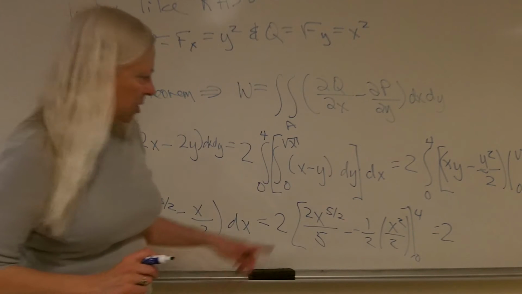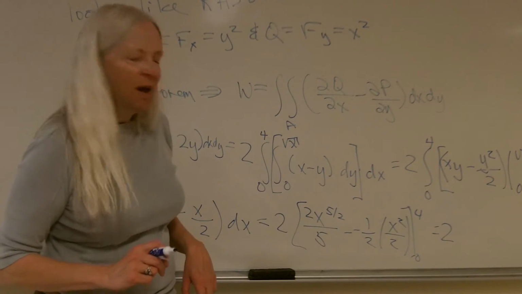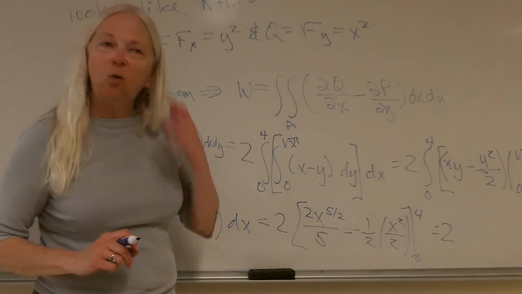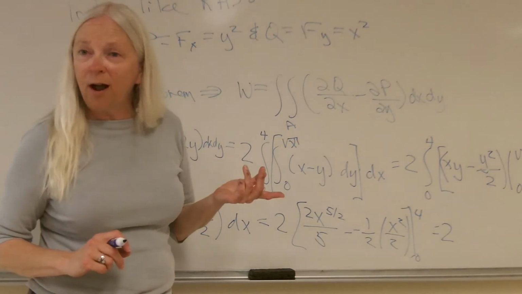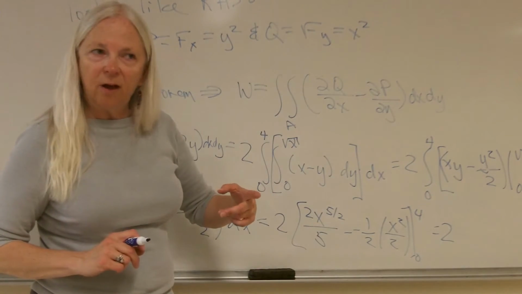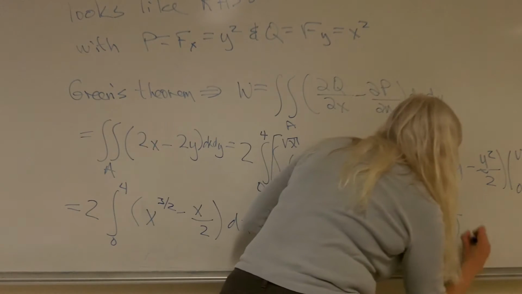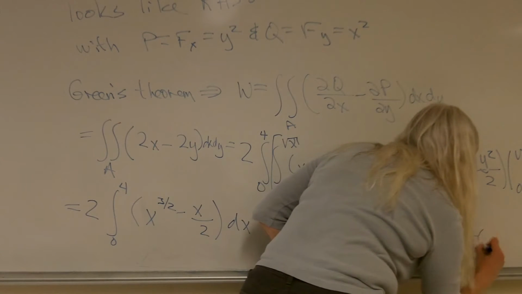So from the first term, let's see, 4 to the 5 halves, 4 squared, which would be 4 to the 4 halves, is 16, times another factor of 2 is 32. So this is 2/5 times 32.